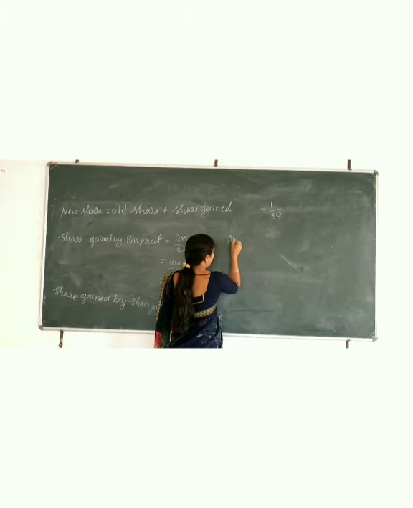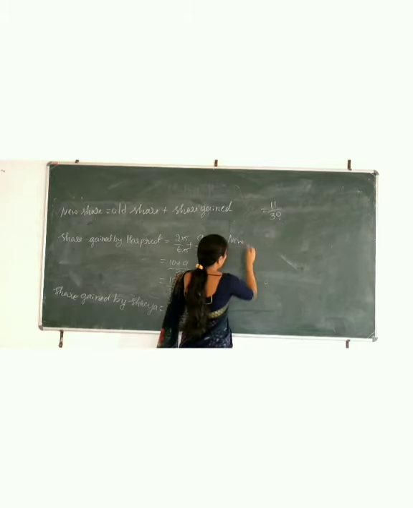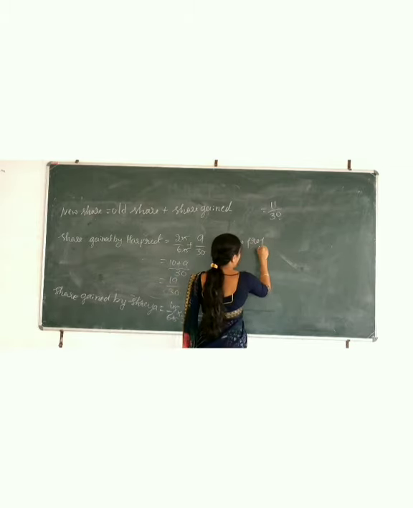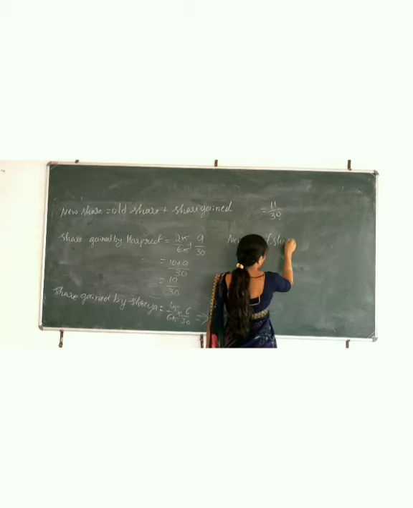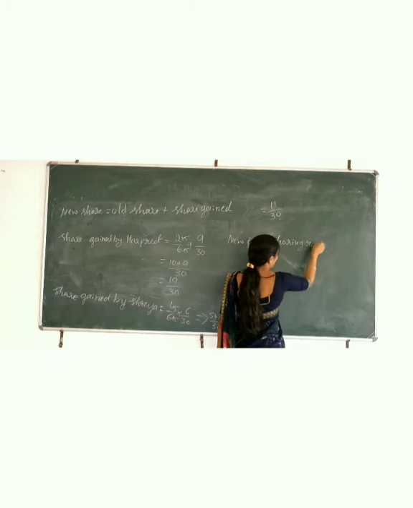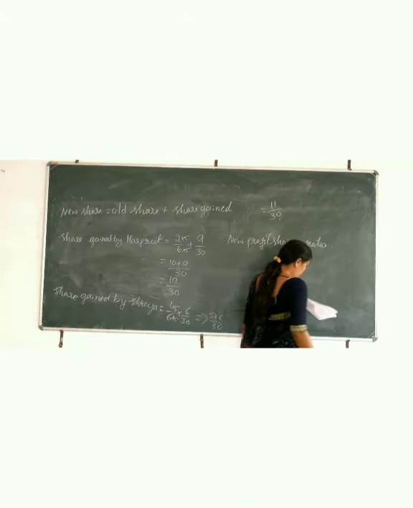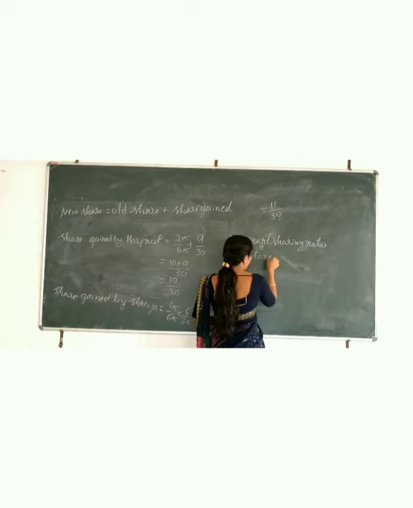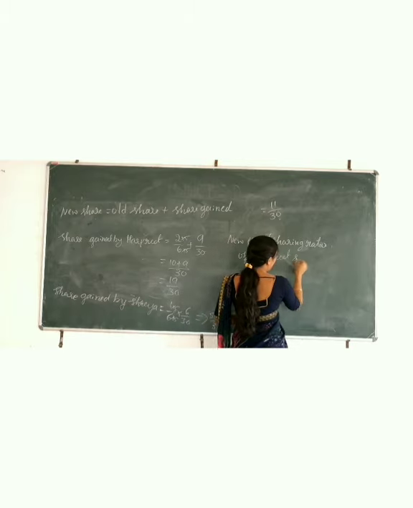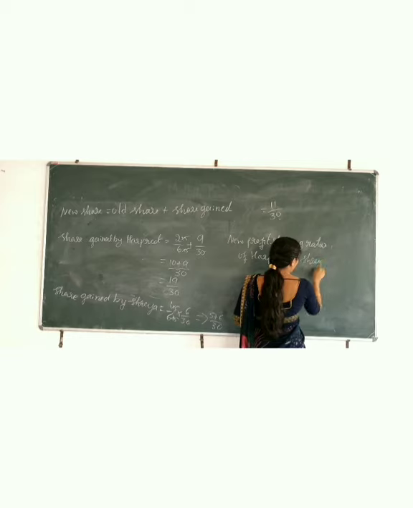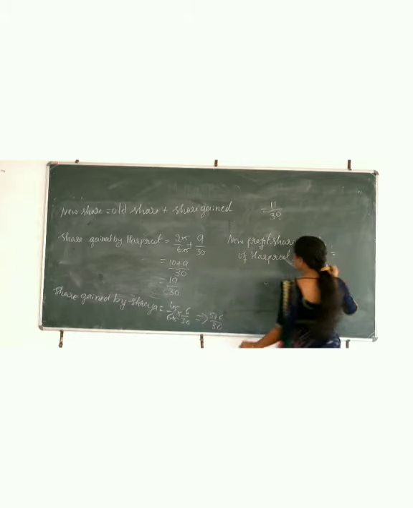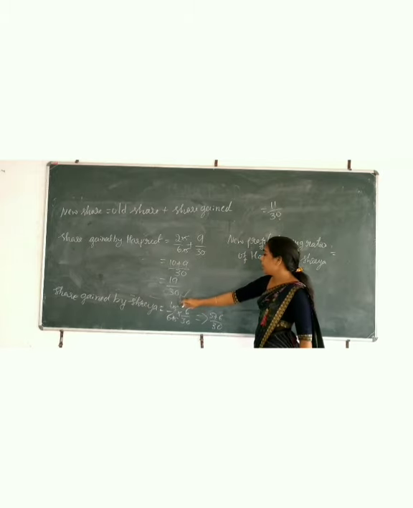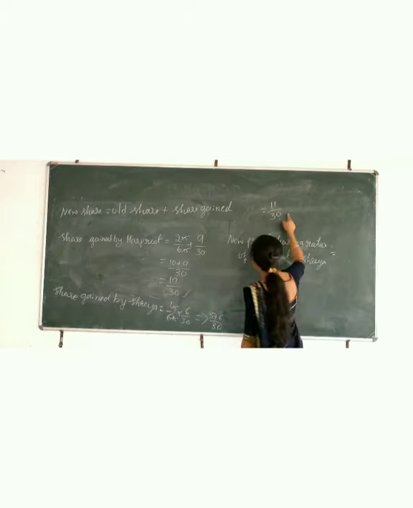Now we need to simplify this because we are finding the new profit sharing ratio. Here we have 19 by 30 and here we have 11 by 30.